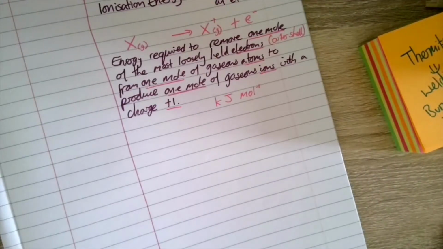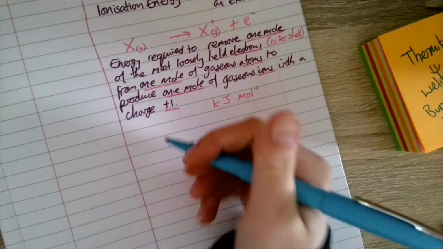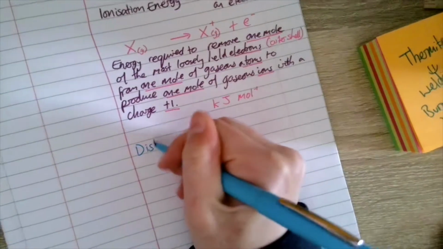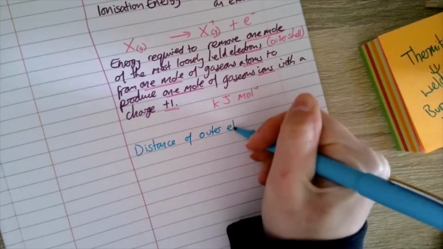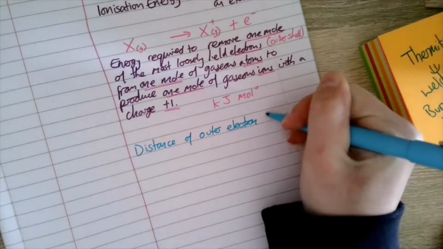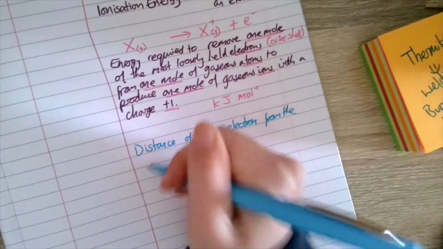Now there are various factors which can affect the size of our ionisation energy. So the distance of the outer electron from the nucleus.